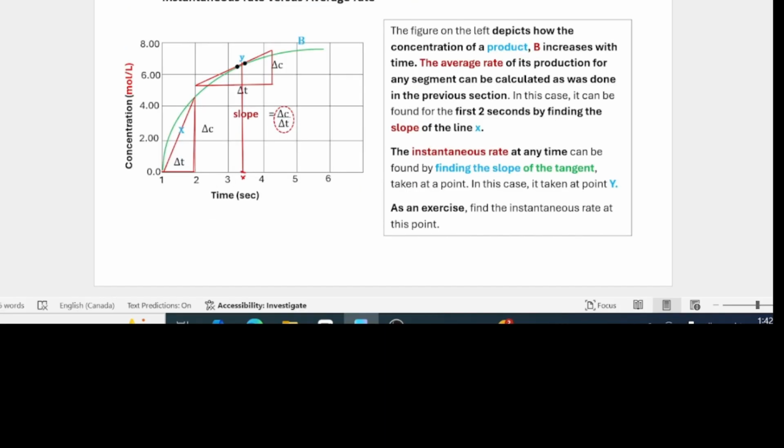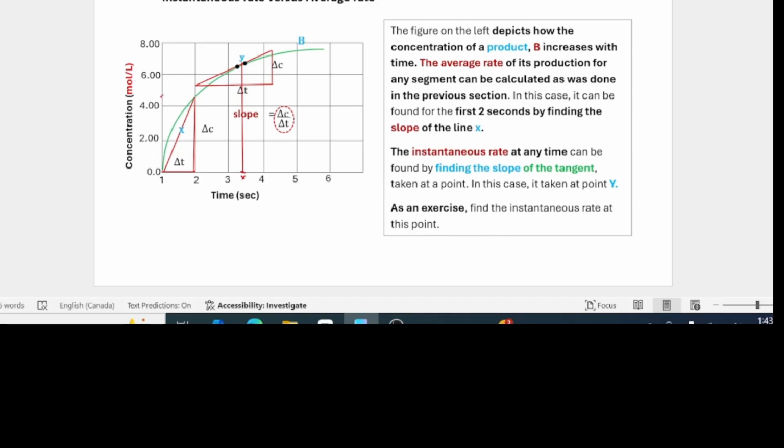We now have to distinguish between instantaneous rate and average rate. Let us suppose that a product B was being formed and is represented by this green line here. We could have found the average rate for the first 2 seconds by dividing the change in concentration, which is delta C, which you could have gotten from this graph.